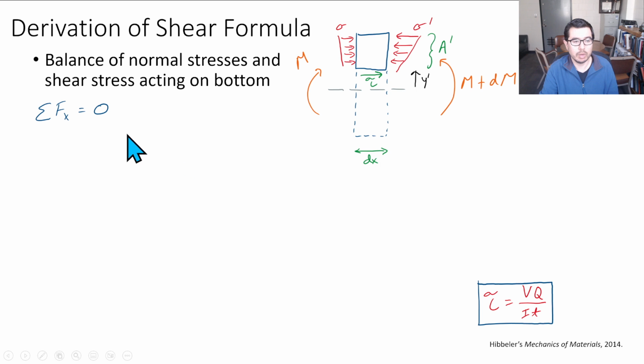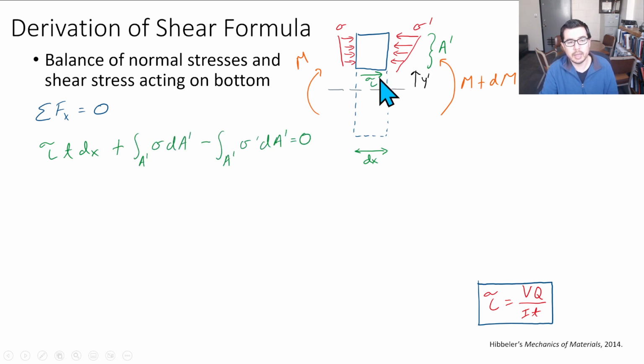So here comes the derivation. We're going to work on summation of forces in the x direction and make that equal to 0. As we were saying on the previous slide, we have a shear stress, tau, acting over this dimension dx into the board, and that has some thickness t. So this is a stress times an area, which is equal to a force.